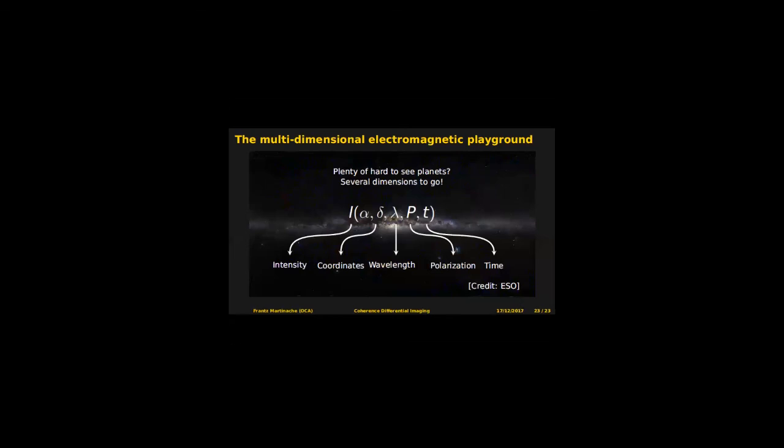Benefiting simultaneously from high spatial resolution with high spectral resolution, or high spatial resolution and very good time resolution, for example during a transit, might be the ways to really push all of these types of techniques. Well, okay.